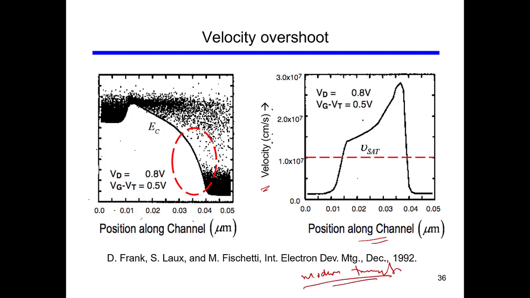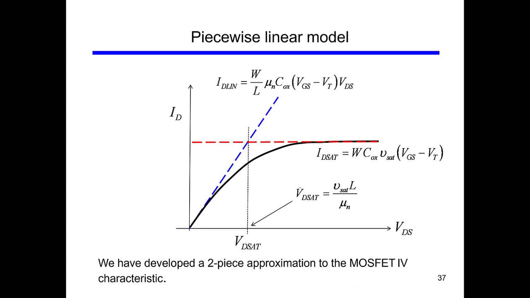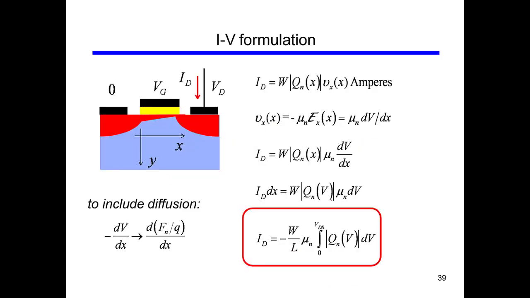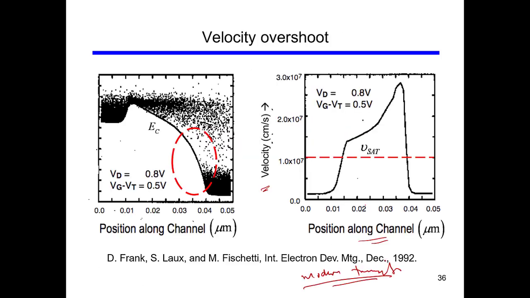What this slide shows is that there can be a situation in which velocity is not constant.